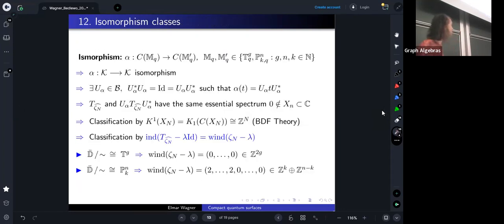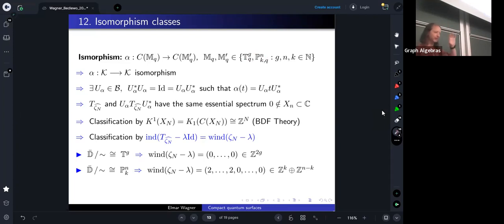So now to study isomorphism classes, well, if we compute the K-theory, we know that the torus and projective spaces can't be isomorphic. But for the moment it's not so important. We take two of these C-star algebras. These can be different C-star algebras of a Toeplitz algebra.